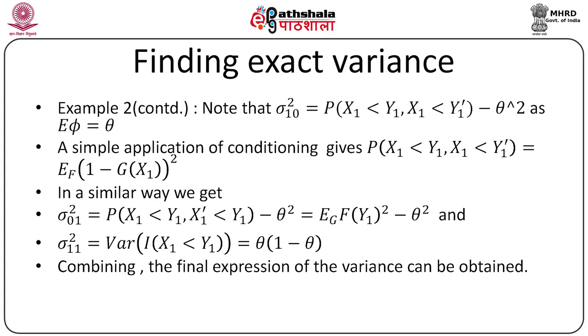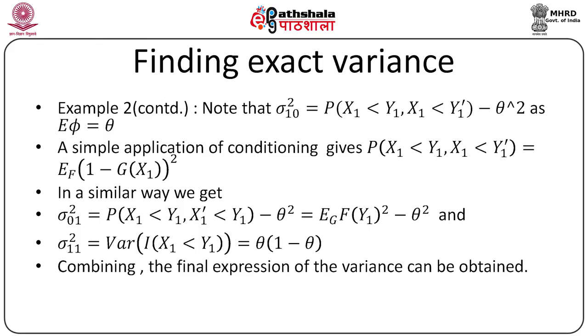Since x1 is independent of y1 and y1 dash, the inner expectation reduces to (1 minus g of x1) whole square. Thus, we finally get that probability x1 less than y1 intersection x1 less than y1 dash equals expected value of (1 minus g(x1)) whole square, where the expectation is taken with respect to the distribution of x1.